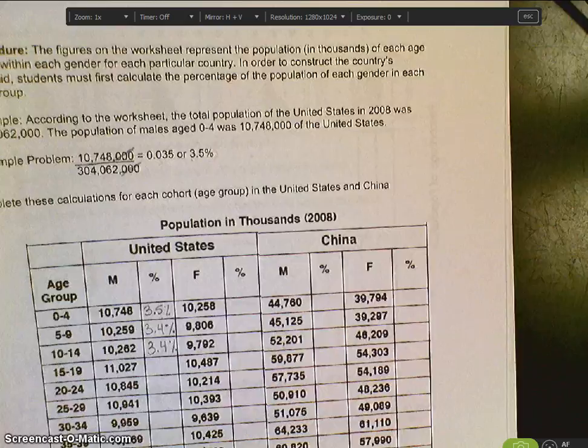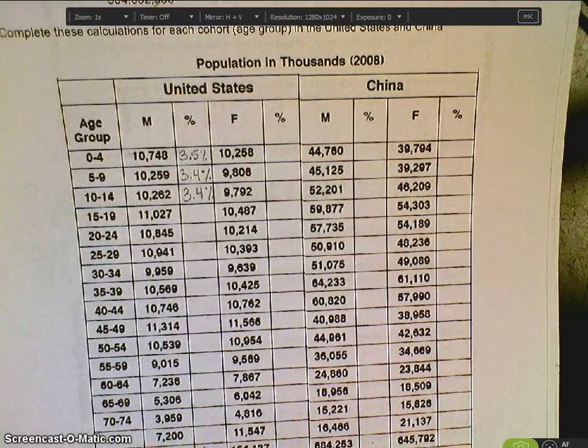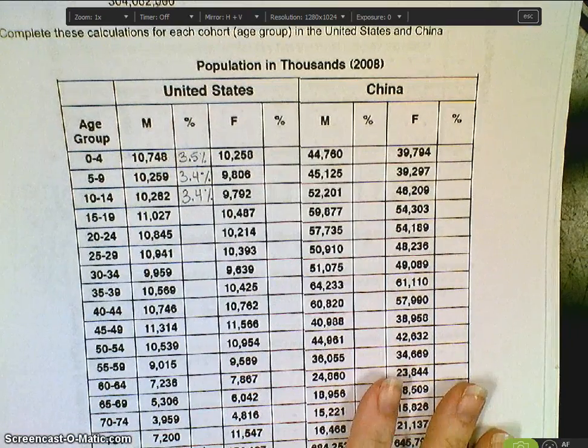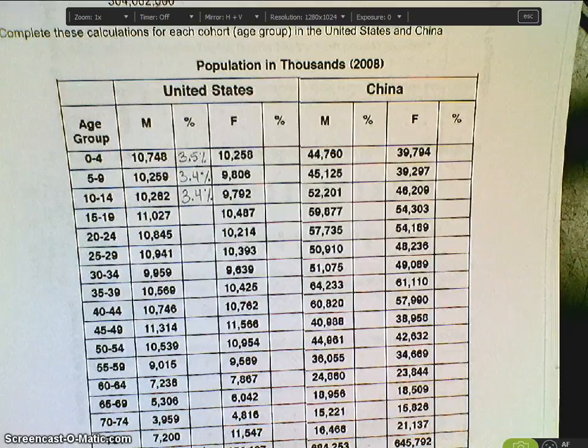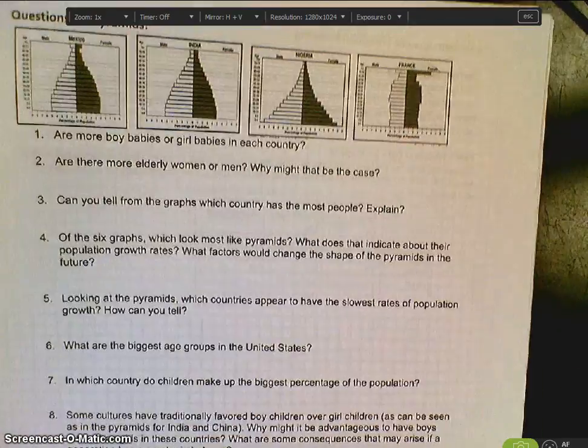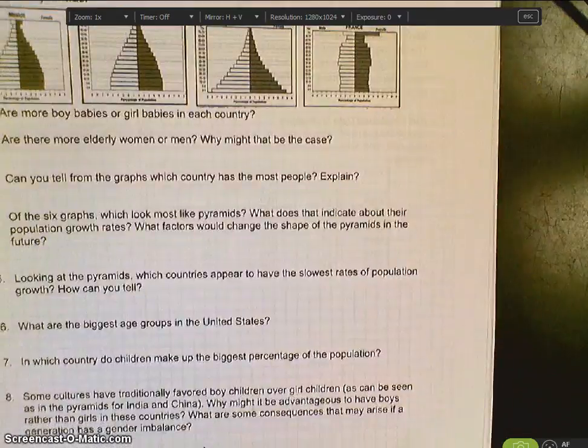Okay? Looking at the power of the pyramids, this was designed to help you out with that portion of the book that discusses why these are important. Hopefully you worked with a friend to fill it out because it is a little bit of busy work, but it's all designed to get your population pyramids drawn. I'm not going to show you my page because there's nothing drawn on it.